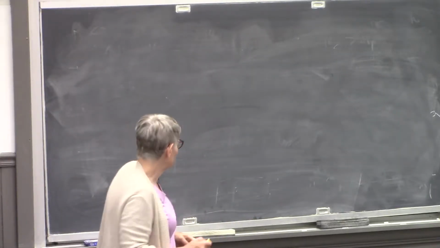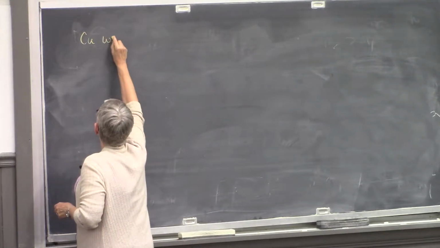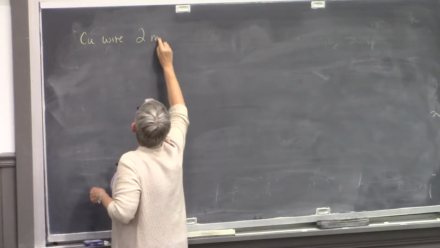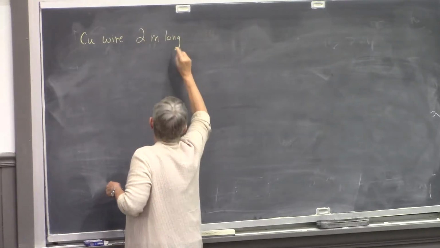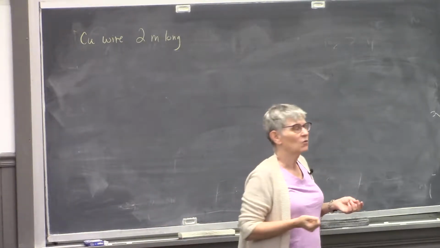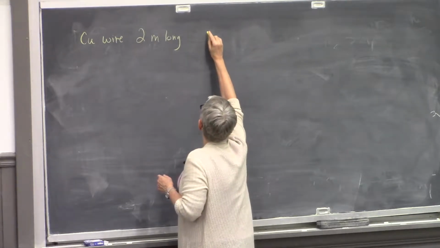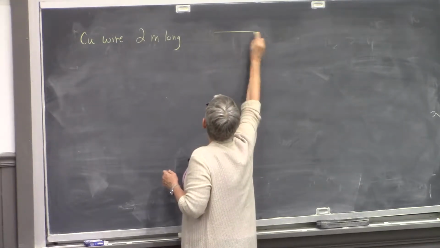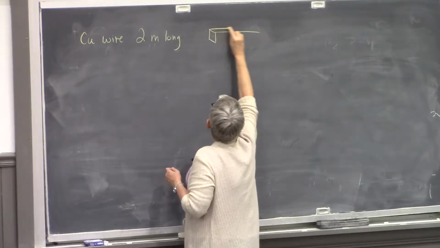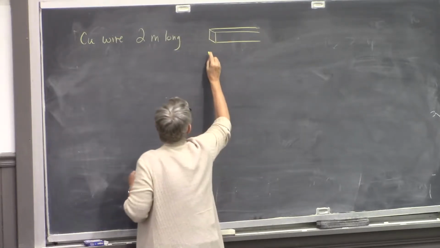And so if we consider a copper wire that's 2 meters long, and just to make our calculations easy, we'll take a wire of square cross sections. So if you look at the wire stretched out this way, it kind of looks like that.